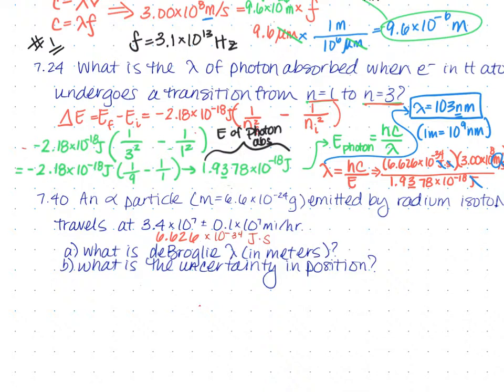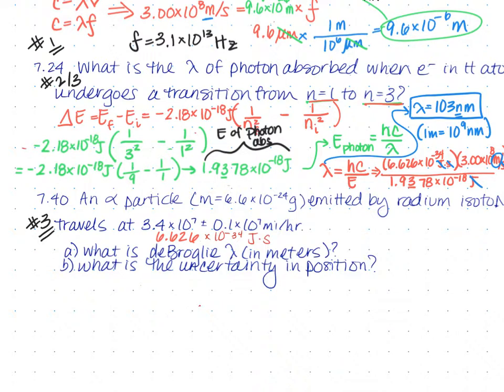Number 24, I would probably give a 2 or 3. And this upcoming problem number 40, I would give a difficulty rating of a 3.